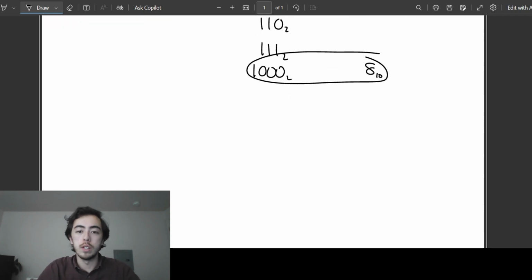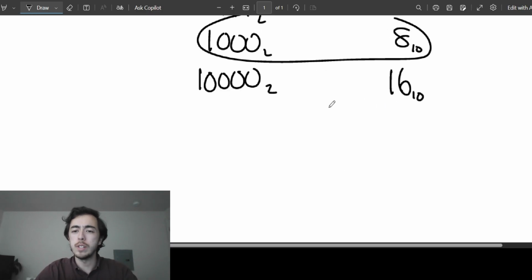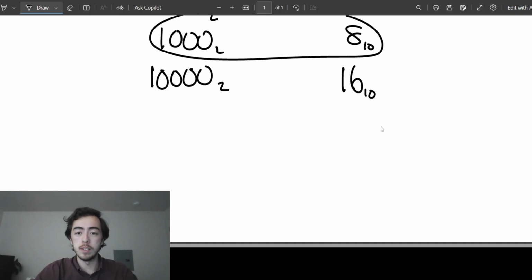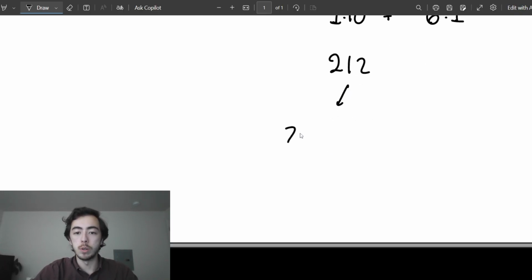So we can assume that this number right here is going to be the same thing as 16 in base 10. And also, let's unpack base 10 for just a sec before we get back to the current problem at hand. In our base 10 system, this says that I have 1 ten and 6 ones. Like the number 212 is going to be 2 hundreds plus 1 ten plus 2 ones.